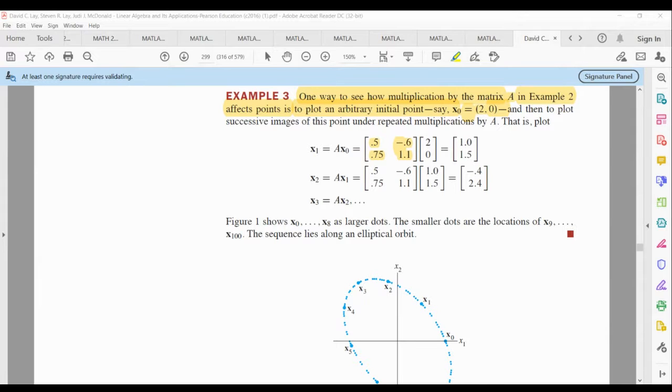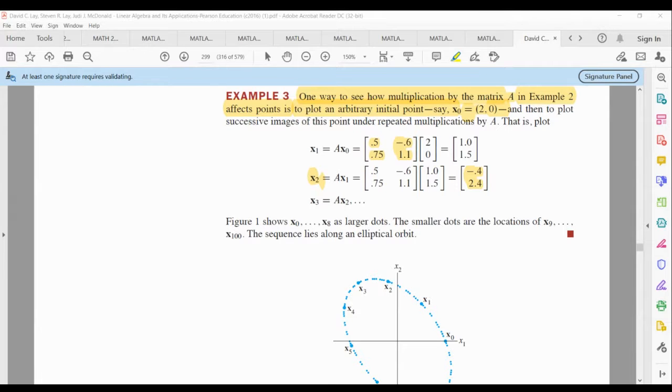Similarly, if you take x1 and multiply it by A, you'll get the vector x2, which equals the vector with components negative 0.4 and 2.4. They showed in the picture how x1 got rotated to x2.